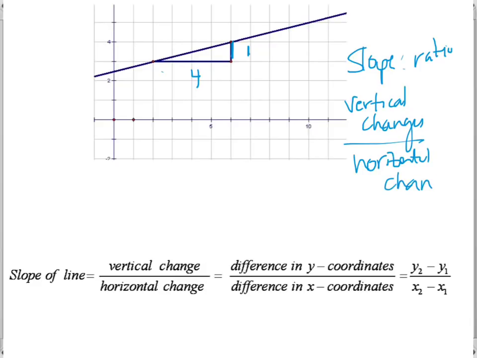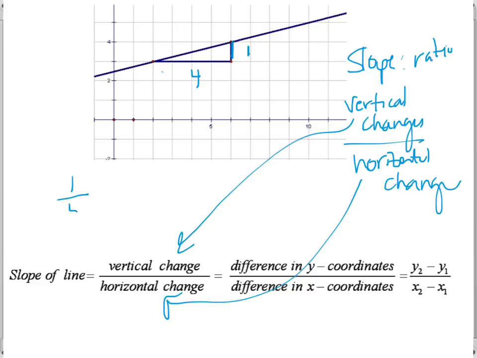Okay, which is what I said over here, over horizontal change. So the slope of this line would be 1 over 4. Okay, and I want to keep it as a fraction. I don't want to turn it into a decimal. I want to reduce the fraction to its lowest terms, but I want to keep it as a fraction, even if it's an improper fraction.